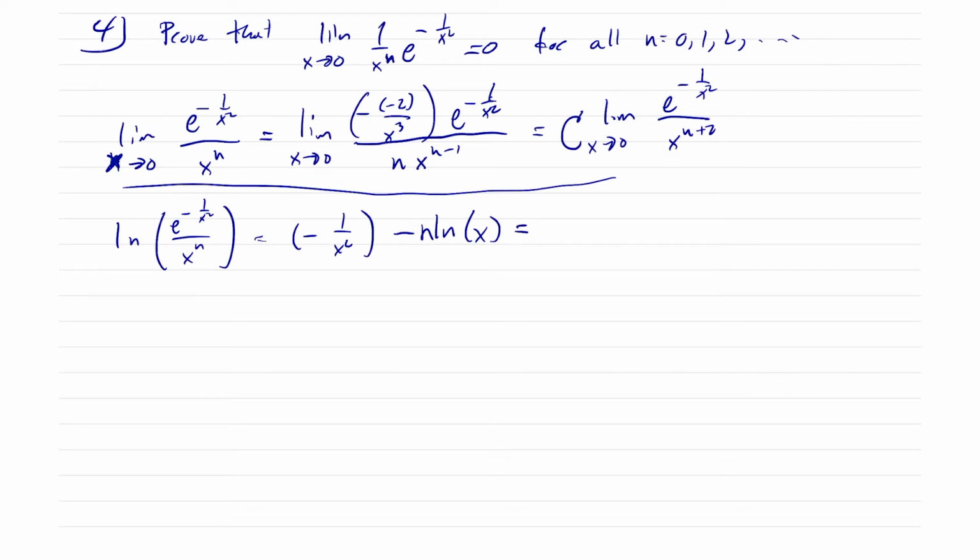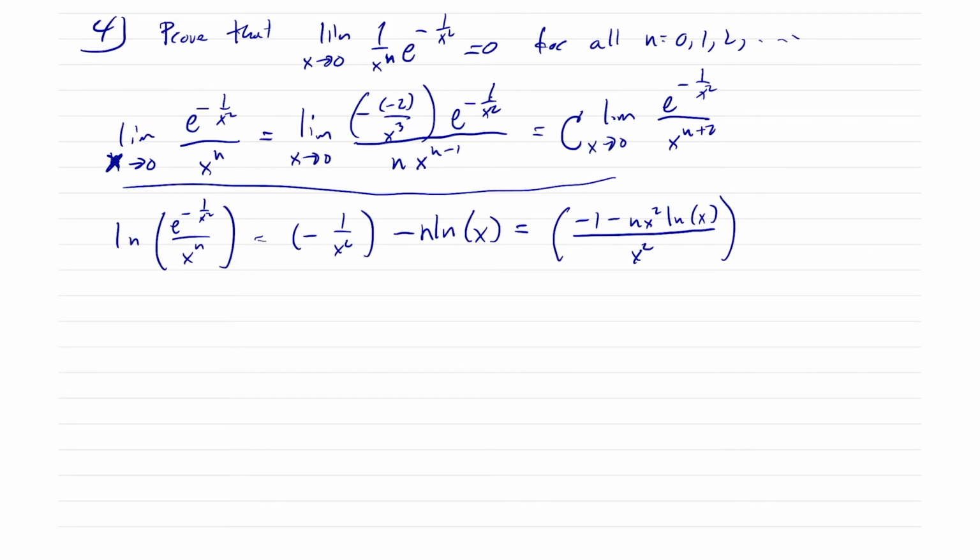Now if I go ahead and multiply top and bottom by x squared on the other one, find a common denominator, then what I get is negative 1 minus n times x squared times ln of x, divided by x squared. Let me just double check that. Yep, okay. So everything's correct so far.